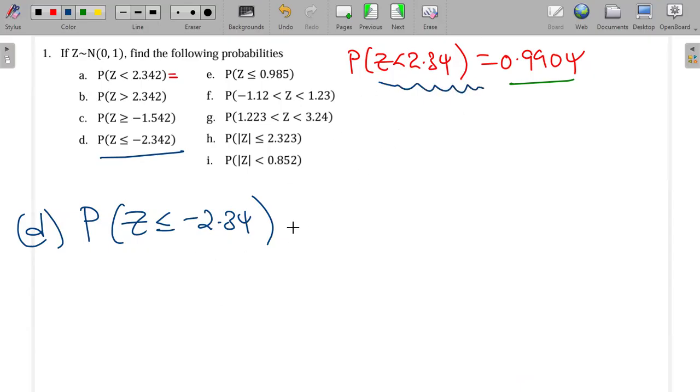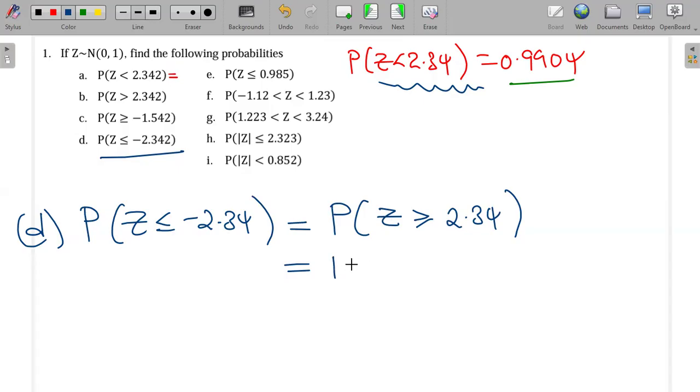This is negative, so by symmetry of the normal distribution, the probability that Z is less than or equal to this is the same as the probability that Z is greater than or equal to the positive number, 2.34.